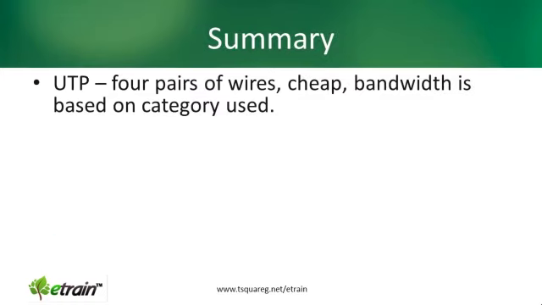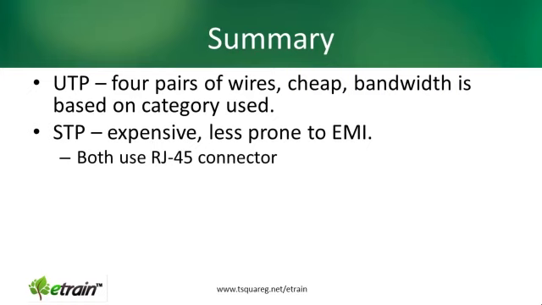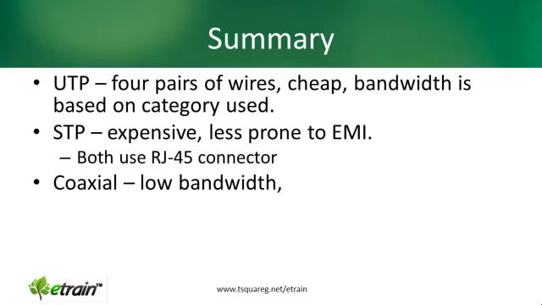So, in summary, UTP, 4 pairs of wires, cheap, bandwidth is based on the category used. We can go STP, which also uses 4 pairs of wires. It's expensive and it's less prone to EMI. Both types use an RJ45 connector.